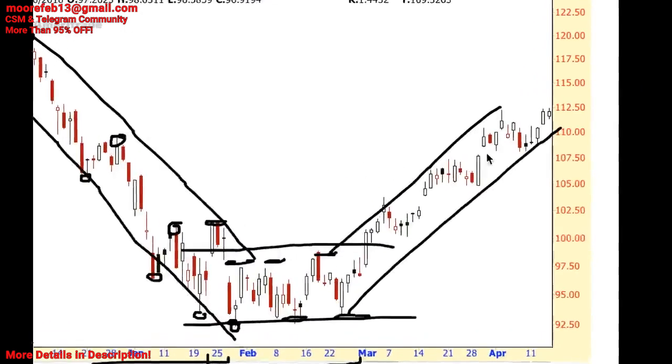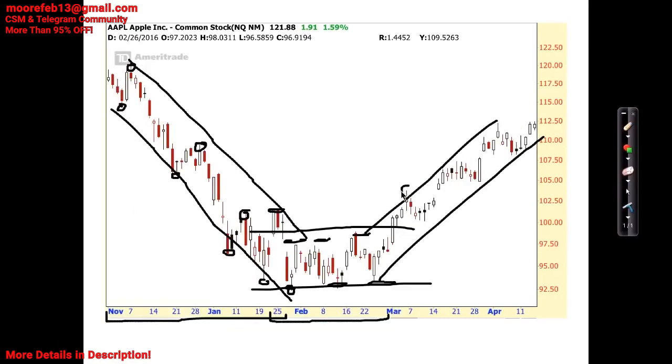Evidenced by the fact that you see the price making higher highs or higher peaks, right? And higher lows. So it's really important to know right now what's the current trend. For example, if we were right now in April, you would see that Apple is on a very clear uptrend, making higher highs and higher lows.